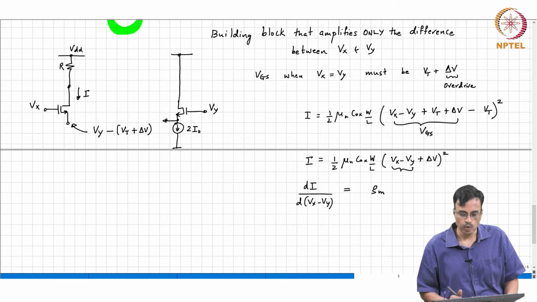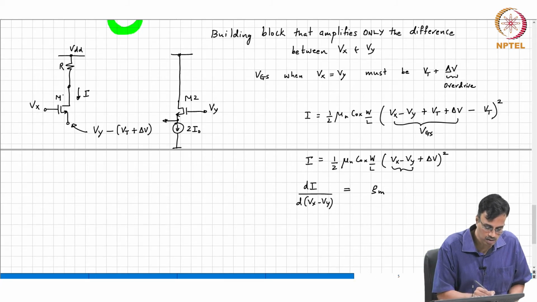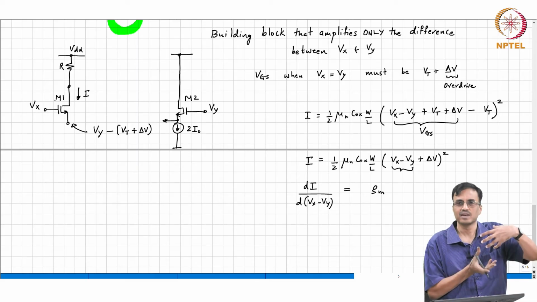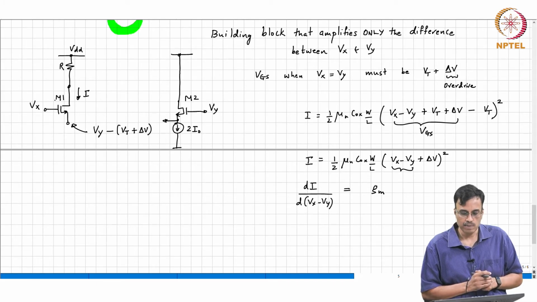So, the voltage at the source of the second transistor M2 is some Vy minus some Vgs of M2, okay, all right. And I will choose the size of M2 to be equal to M1, right.